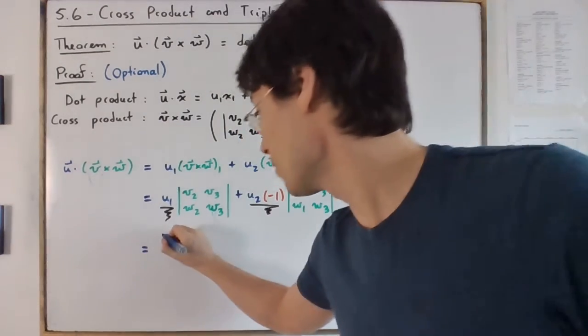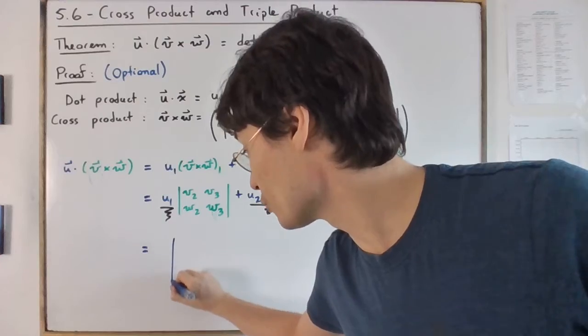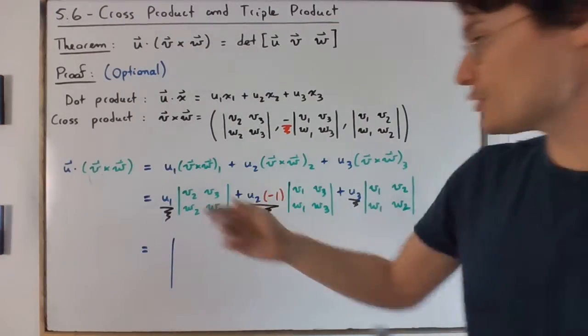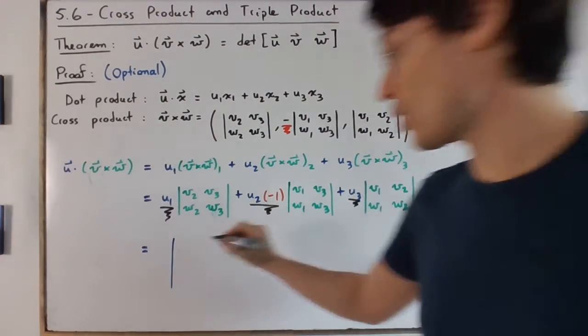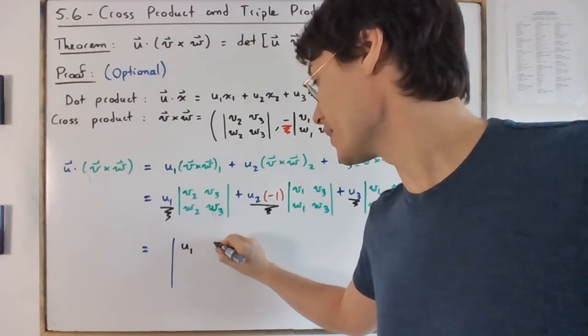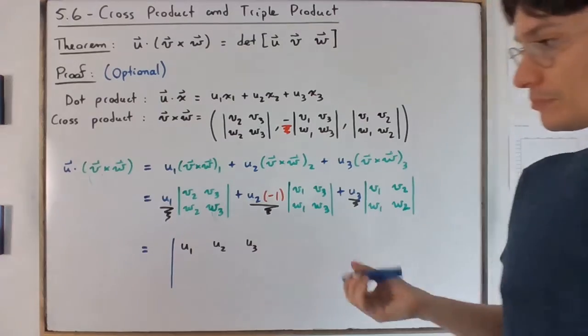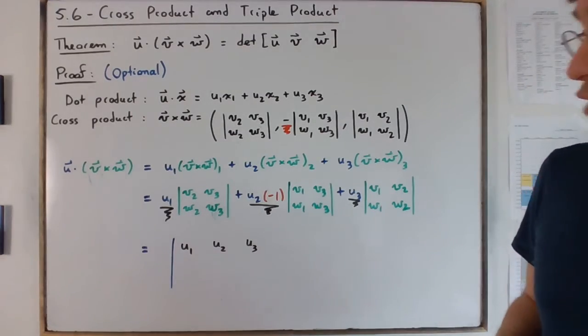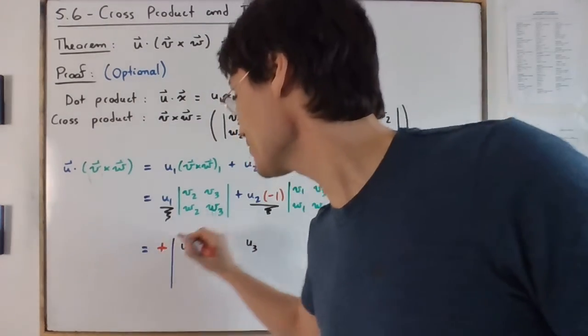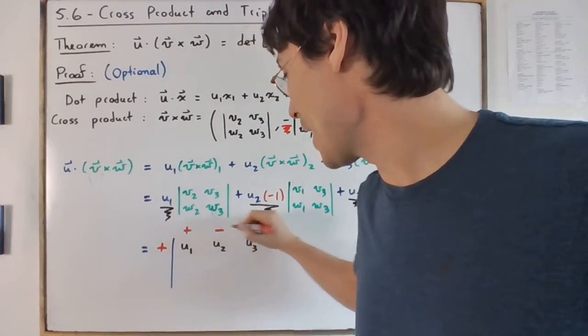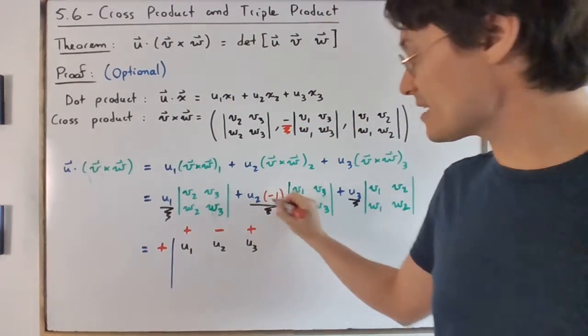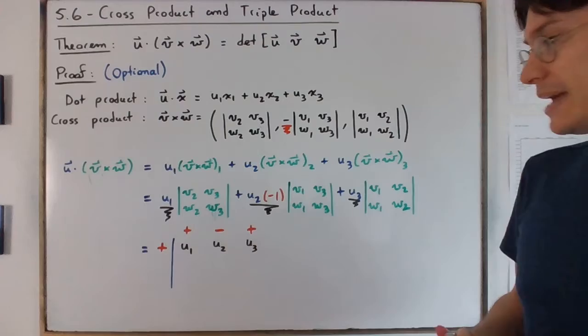To show it to you, we're going to write u1, u2, u3 as a row. And then the cofactor expansion goes like this: plus, minus, plus, hence the negative sign that is here.